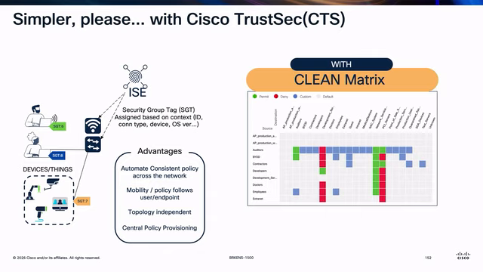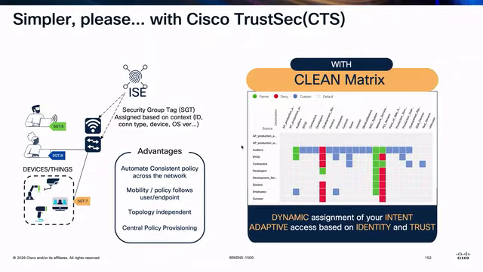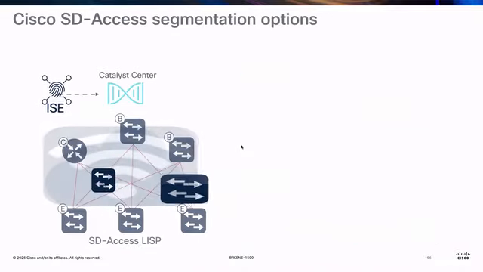So you are no longer constrained to a segment of the network, because your SGT is carried with you no matter which part of the network you're connecting through. So it's a dynamic assignment of your intent and adaptive policy that is based on identity and trust score.